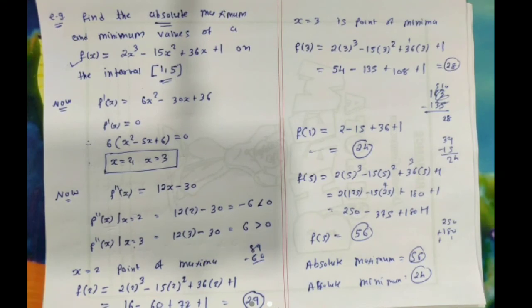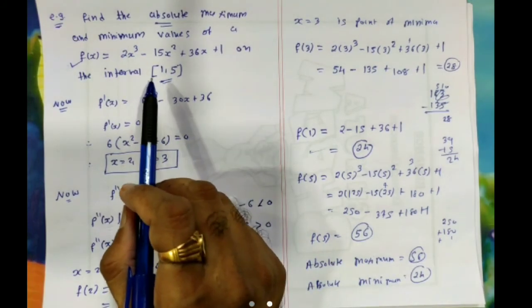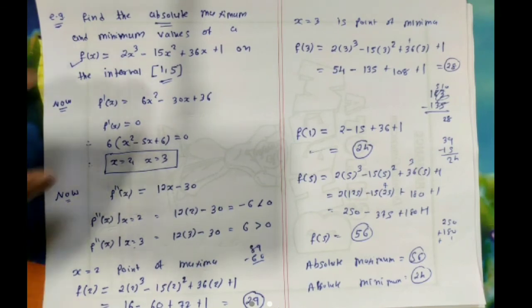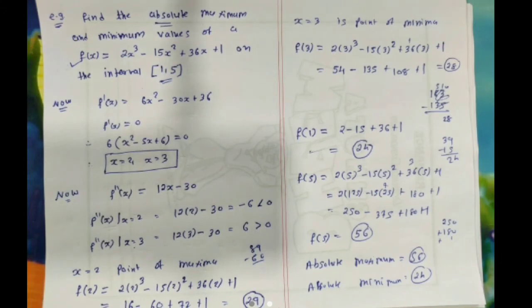Out of those, the lowest value is called the absolute minimum value, and the highest value is called the absolute maximum value. Here the function is giving its maximum and minimum values at its endpoints. It is not always the case, but for this case, the function is giving its maximum value and minimum value at the endpoints. Those values are known as absolute maximum value and absolute minimum value.